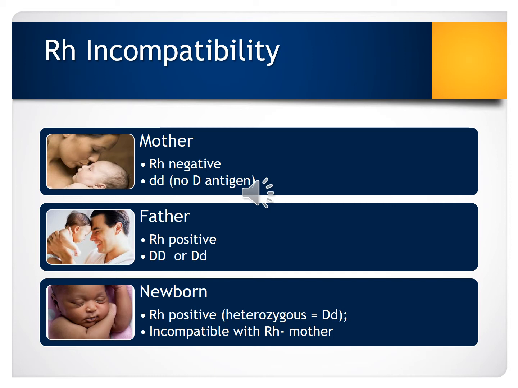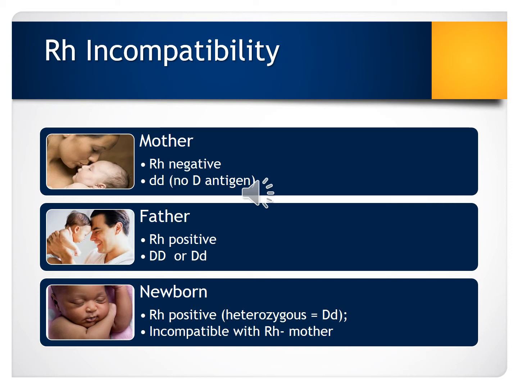If they don't, then they're Rh negative. And we should note that most people have the D antigen, so they're Rh positive. But when a woman is Rh negative, meaning she does not carry the D antigen, it can pose a risk to her unborn children due to this Rh incompatibility.